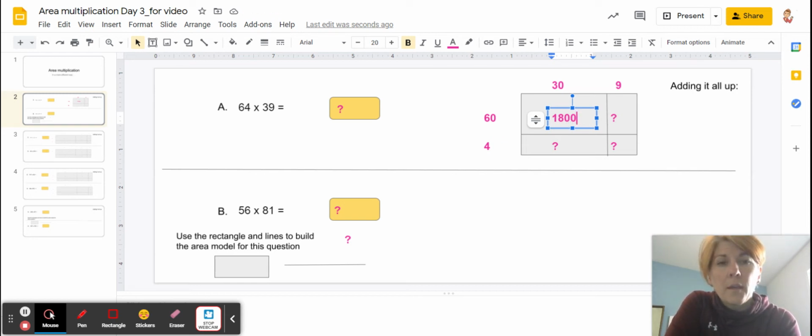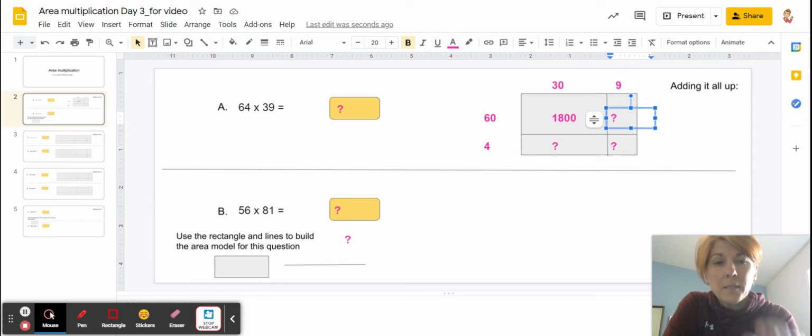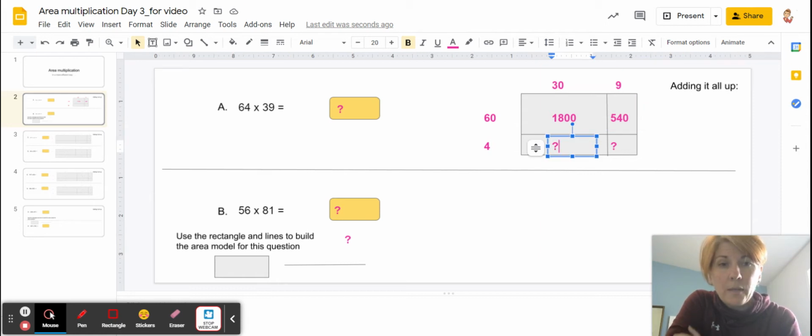Okay, then if I look at this one, my side length here is 60, and my side length here is 9. So I'm going to be going 60 times 9, so I would go 6 times 9, which is 54 with 1 shift. Okay, all right, so next one.